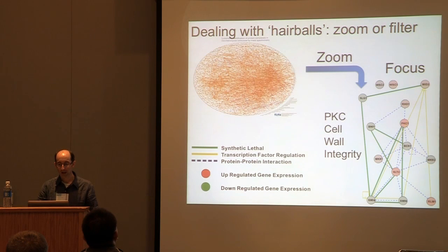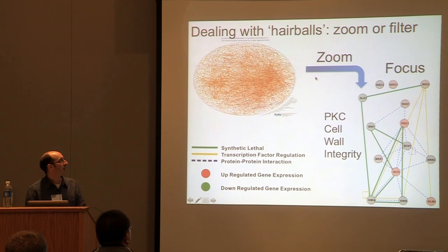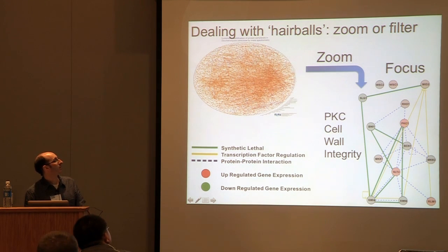Okay, so I mentioned that bigger networks tend to be complicated to see any structure in, like this big orange one here. This is another general idea to deal with these networks, which is to focus your analysis. One thing that I mentioned just a second ago is that you can reduce the number of edges and nodes.